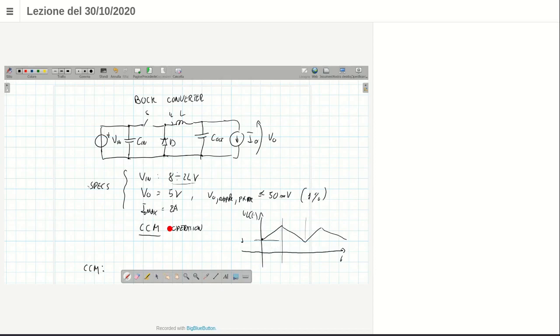Okay, it means that its minimum value should always be more than zero.